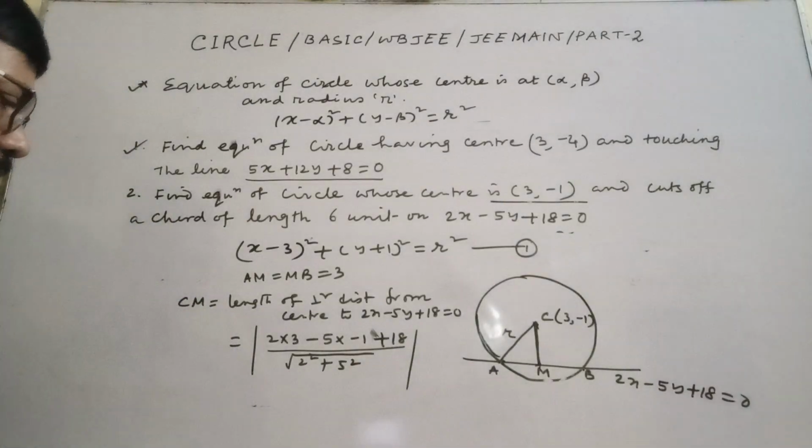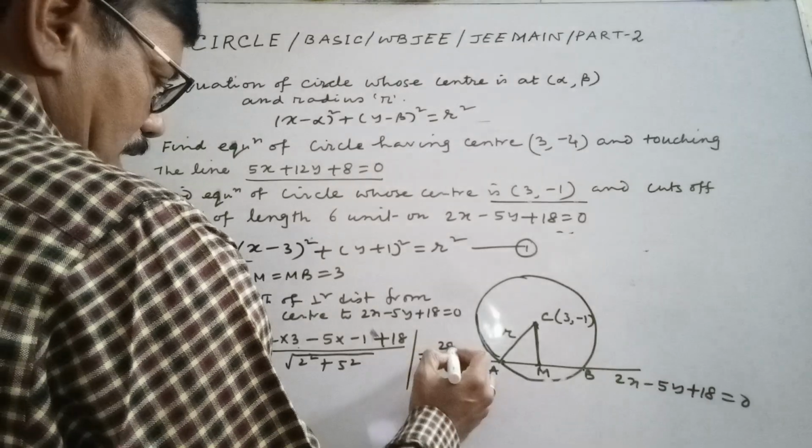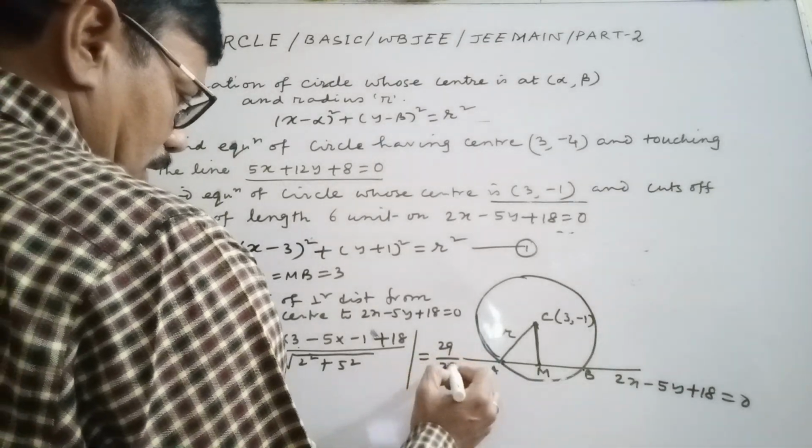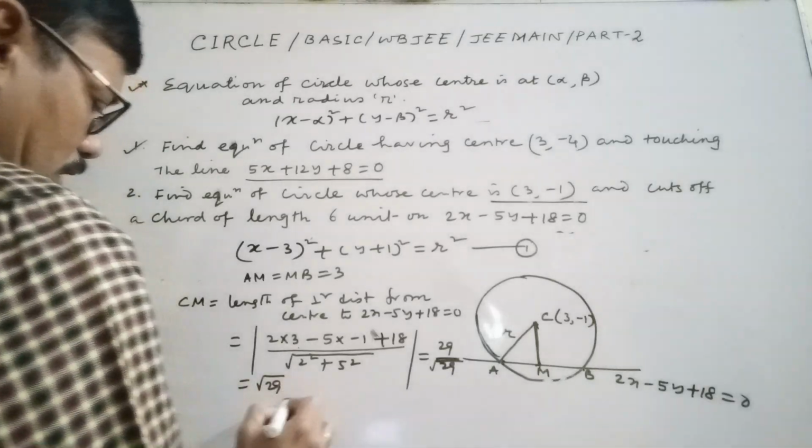So we are getting 6 plus 5 plus 18, that is 29, by root over 29. So this is root over 29.